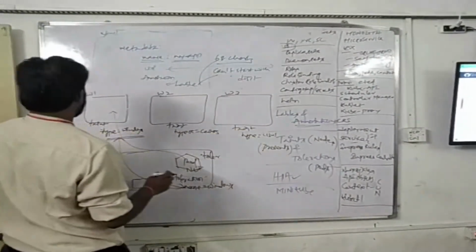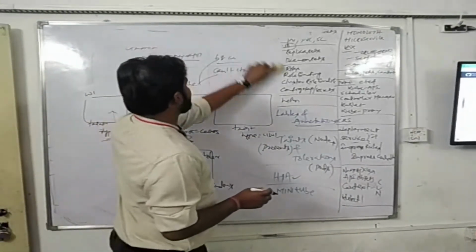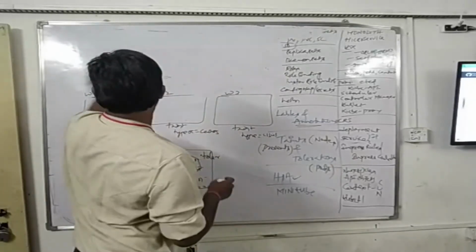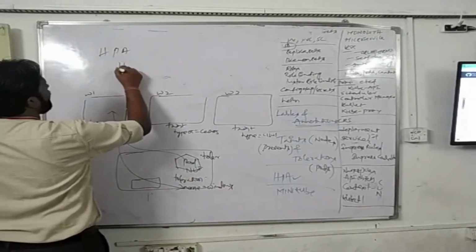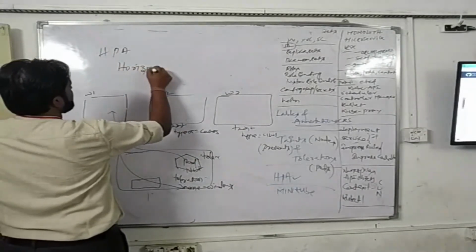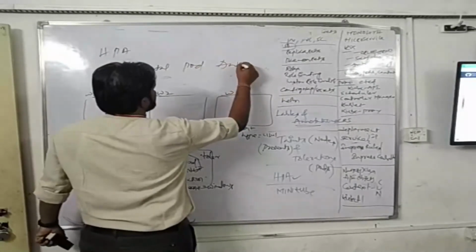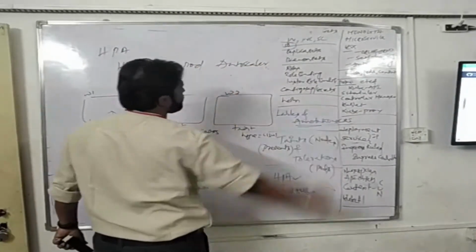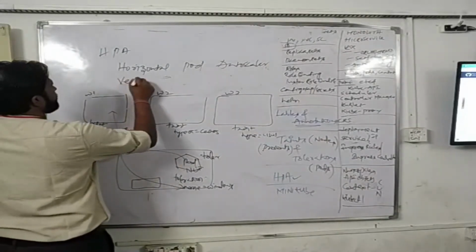HPA, horizontal pod autoscaler. The name itself says it, but you'll come across this a lot of times. If it is horizontal, there is also a vertical.